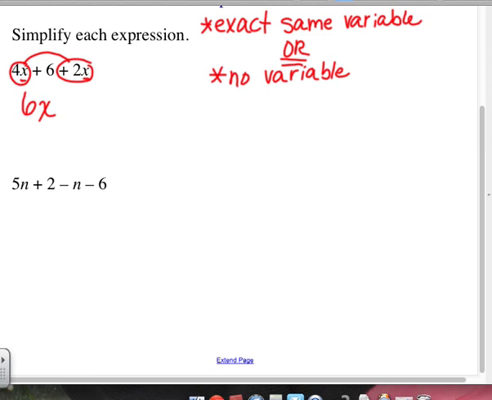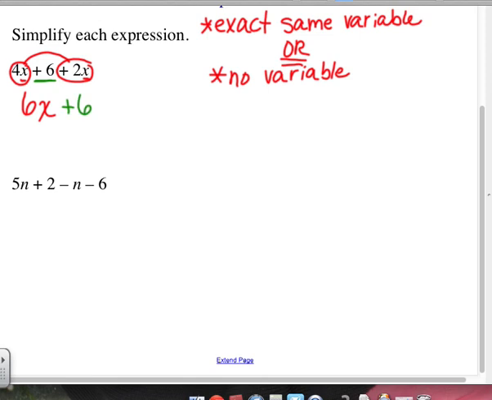And then I look back at my expression, and I see here that I've got this plain old constant of plus 6. He has no variable. Well, there's nobody else like him in the expression that has no variable. So I can't combine him with anyone. So he just comes down and becomes part of the simplified expression.